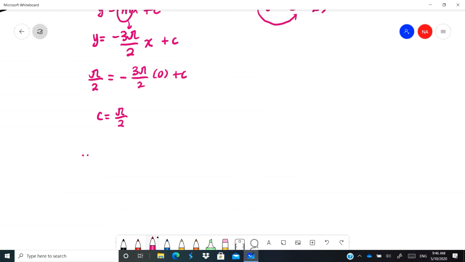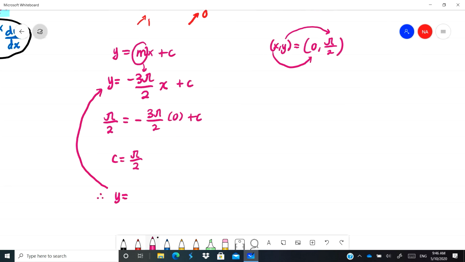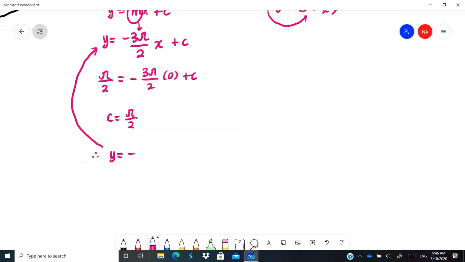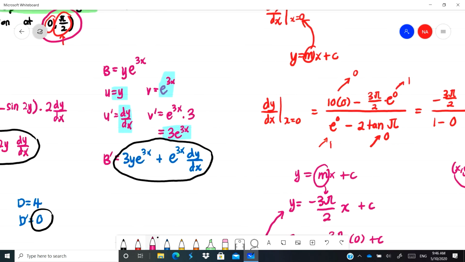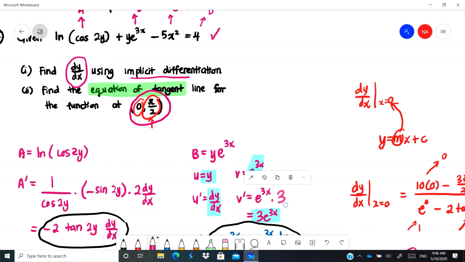So our final answer will be y equal to negative 3 pi over 2 of x plus c, where c is pi over 2. This is the equation of the tangent line for this function at this given point.